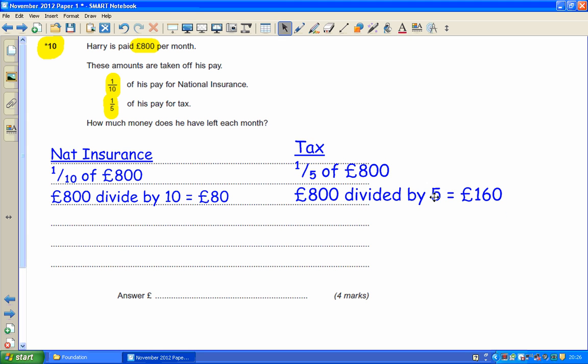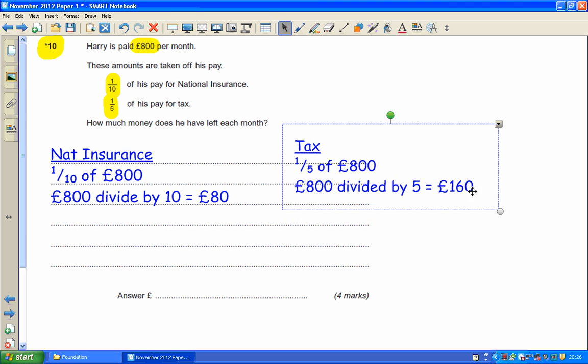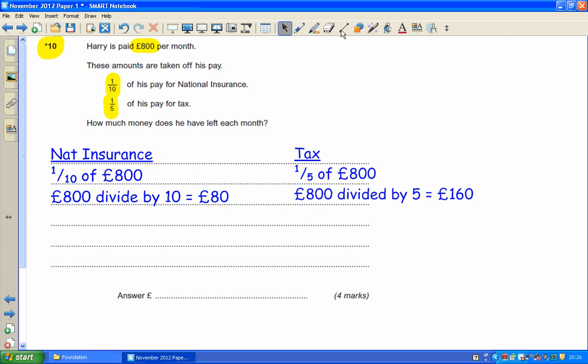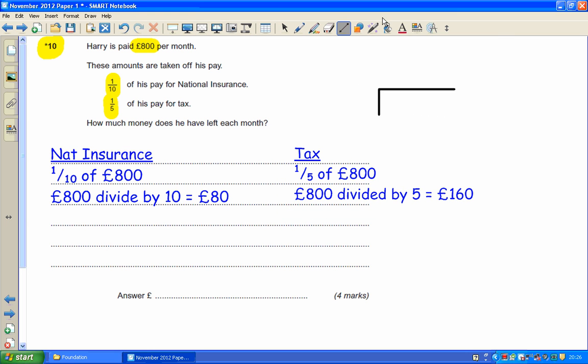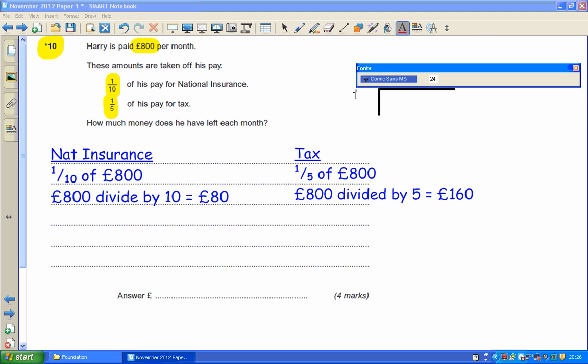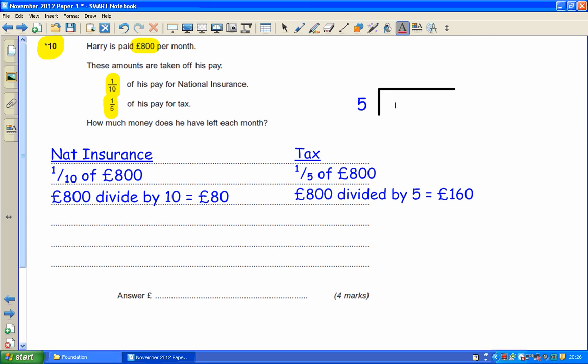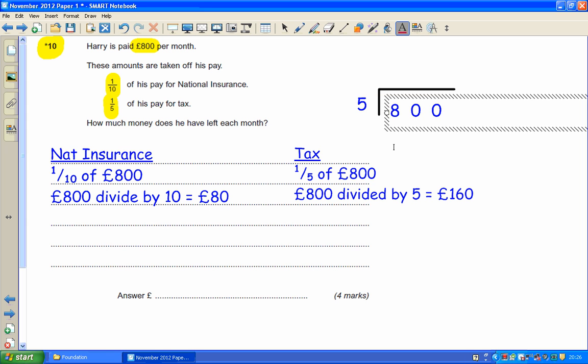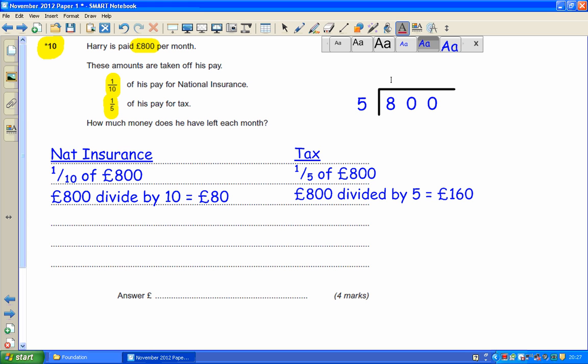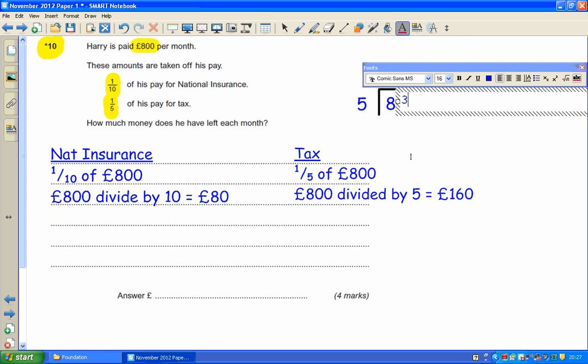Now if we're not too keen on doing it as quick as that, we could do bus shelter on it. So bus shelter on that, 5 into 800 is going to be, well, 5's into 8 goes once, and the remainder to that is 3.